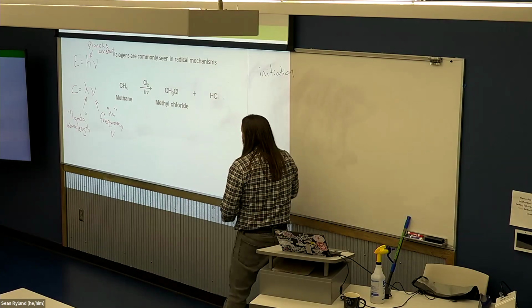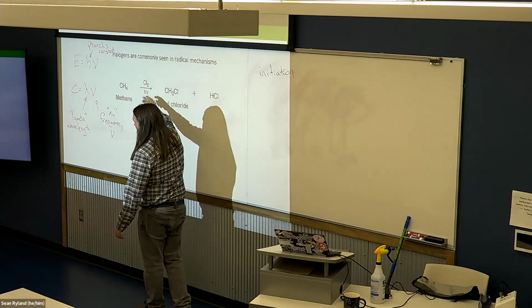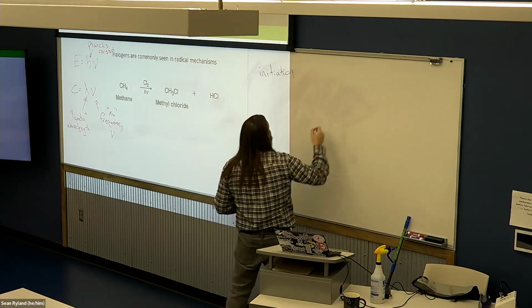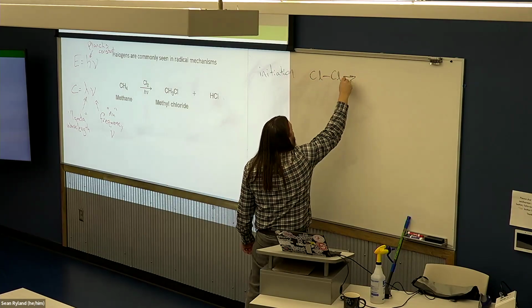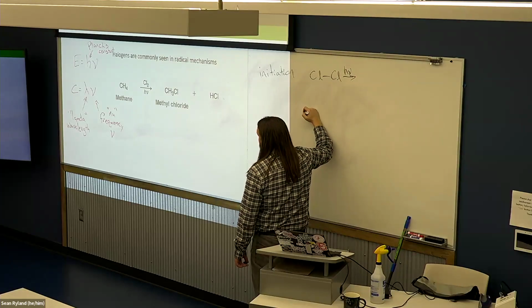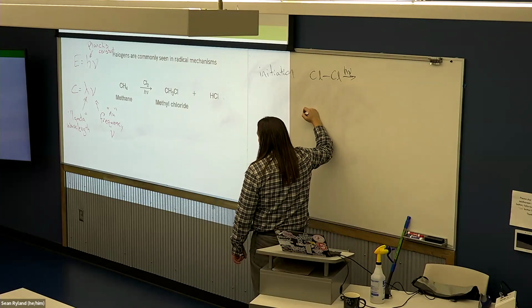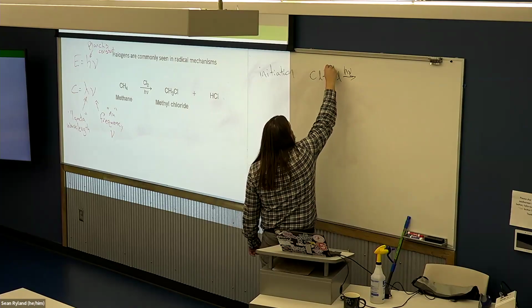Initiation is always going to be either the halogen or the peroxide breaking apart. So if we have this and we shine light on it, the light causes the divorce, because here's our divorce right here.